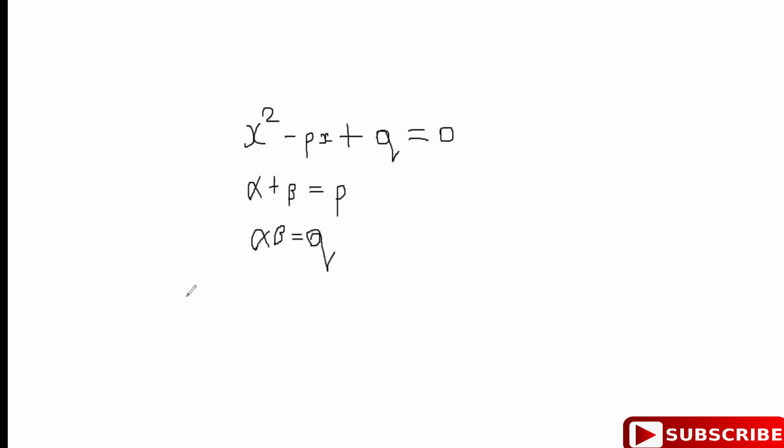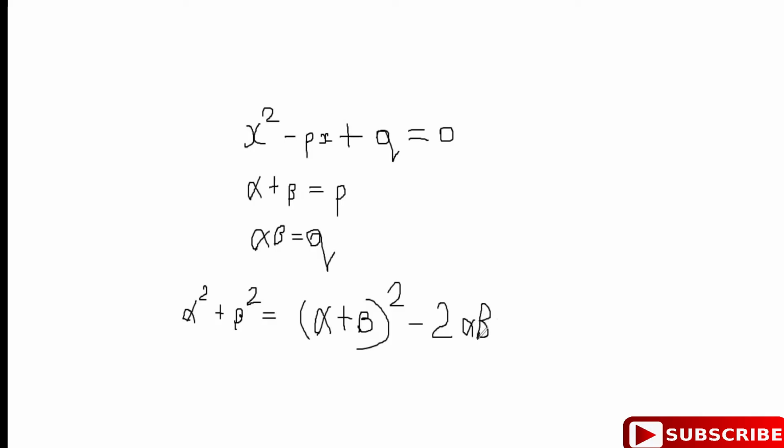Now the question asks what is alpha squared plus beta squared. Alpha squared plus beta squared is equal to alpha plus beta all squared, minus 2 alpha beta. That's the formula to find alpha squared plus beta squared.